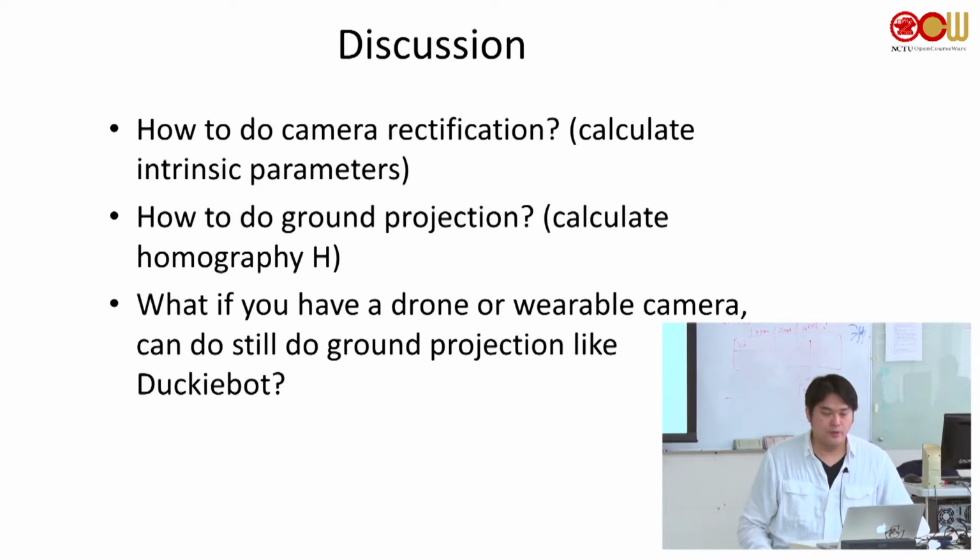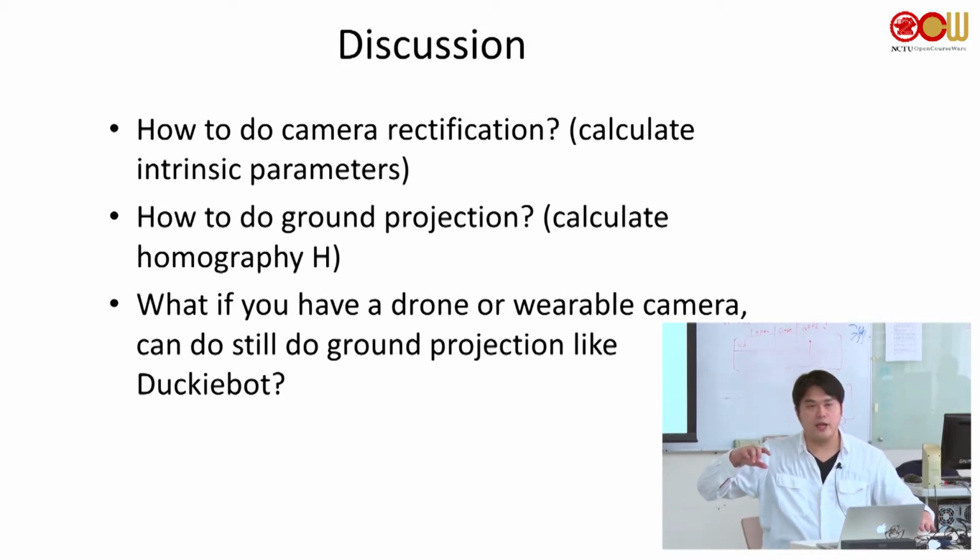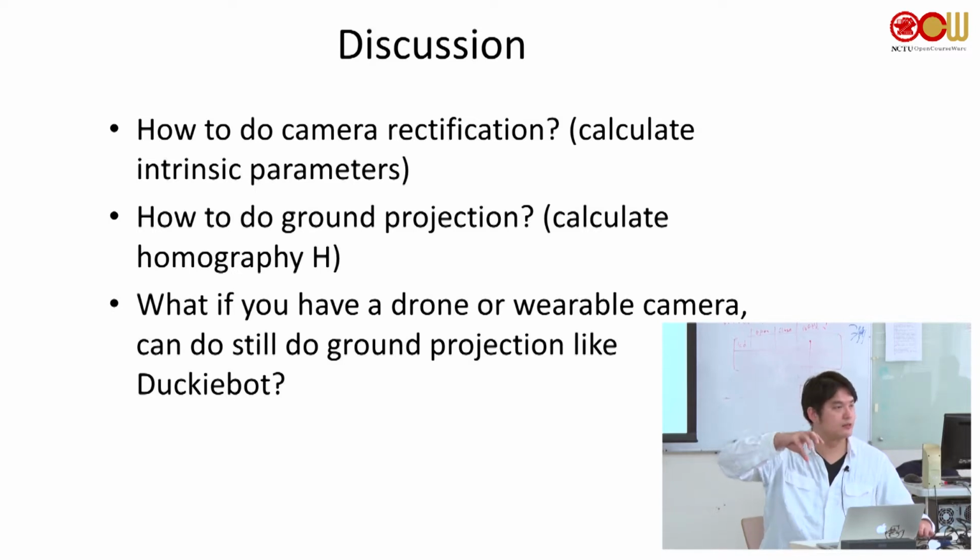Okay, so here comes a question. What if you have a drone or a wearable camera? Can we still do this ground projection? For the Duckiebot, you have a fixed camera mount, right? So essentially the ground is flat, and you have a camera mount facing just a little bit down.